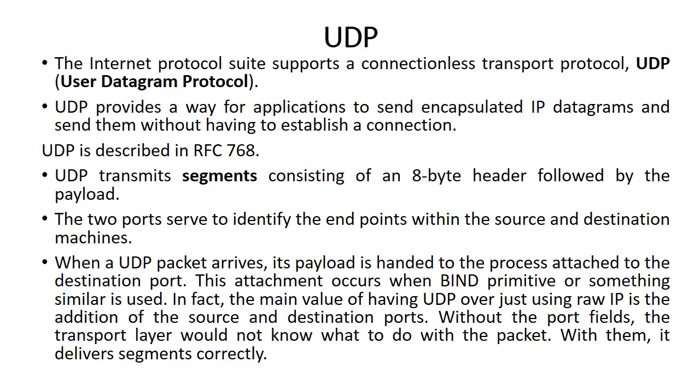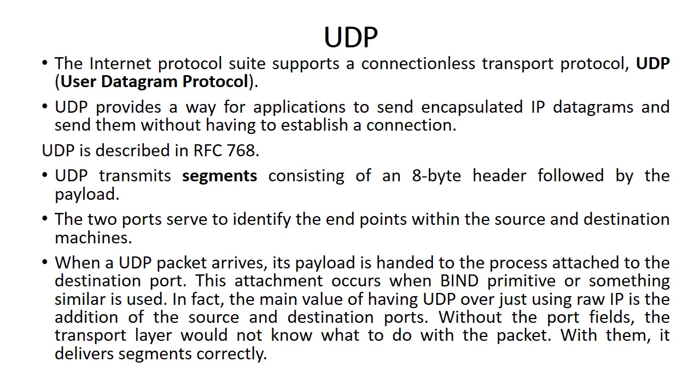The attachment may occur with the help of the service primitive bind or something similar. Once the packet arrives, the payload is delivered to the process attached to the destination port.